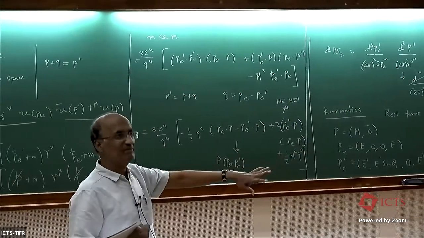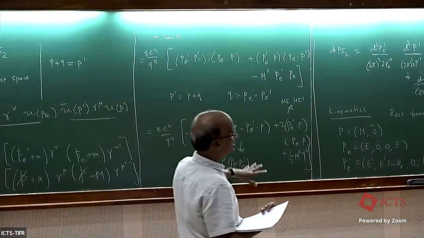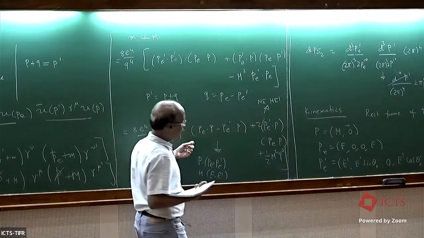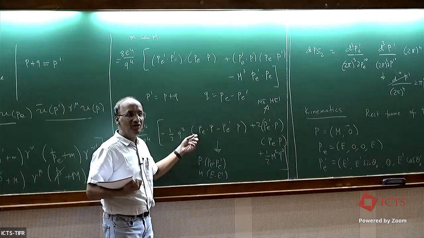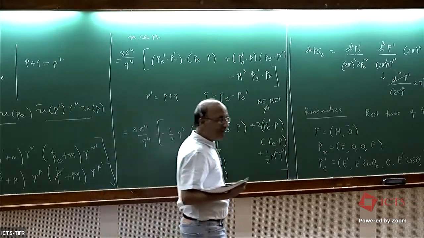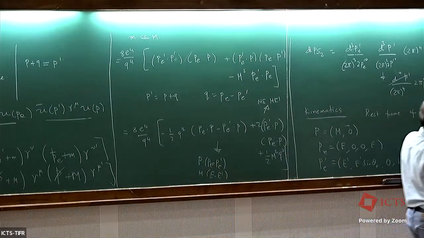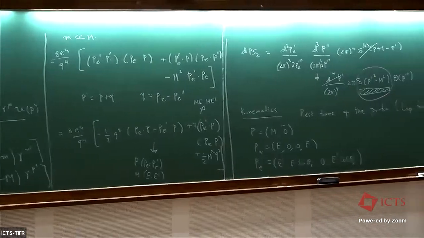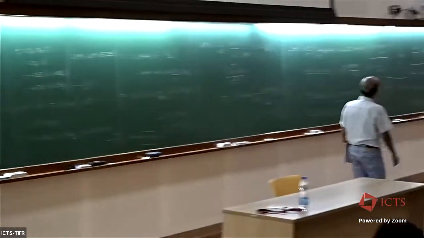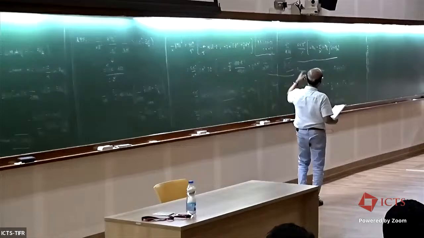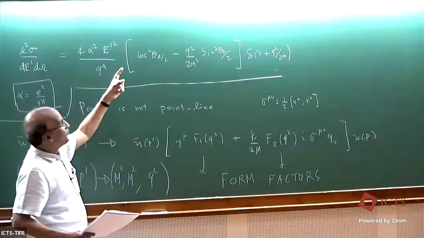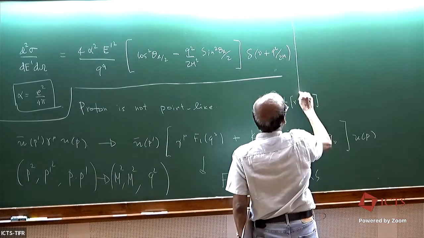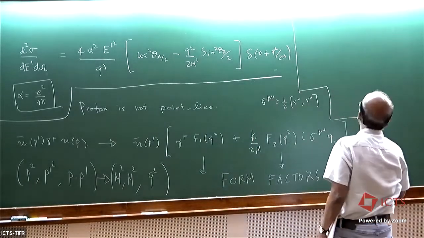Kinematics remains the same, energy remains the same, momentum remains the same. The only thing that is going to change is this matrix element, and that is easy to work out. If you substitute back, you get a result which is just a modification of your earlier result. How is it going to modify? I'll write down the answer here.